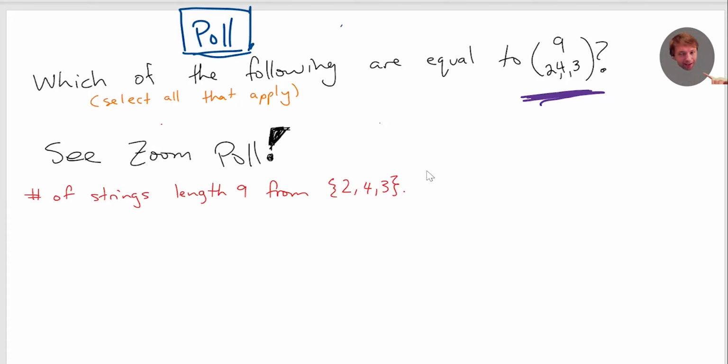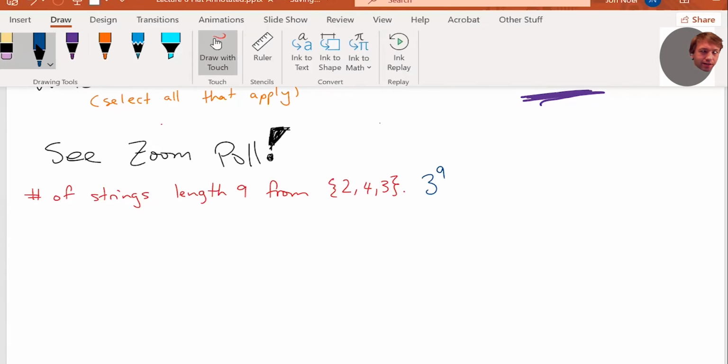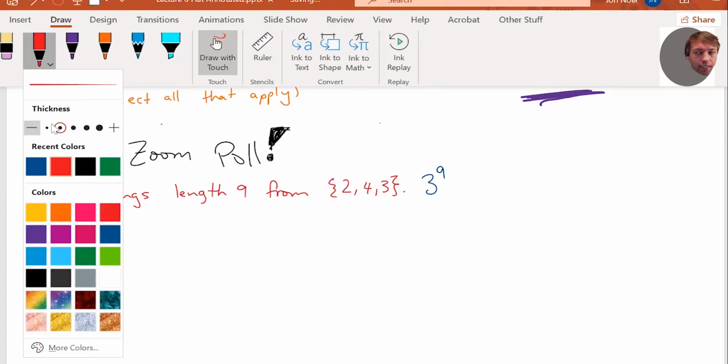Again, the length is 9. You've got 3 choices for each. So 3 times 3 times 3, up to 9. So it's 3 to the 9. So that's not a right answer, because you can check these things are not equal.